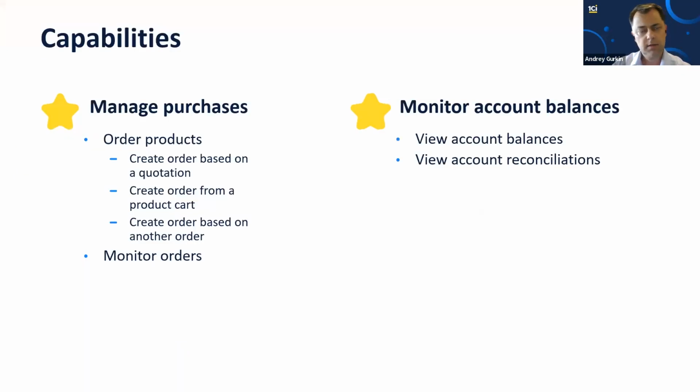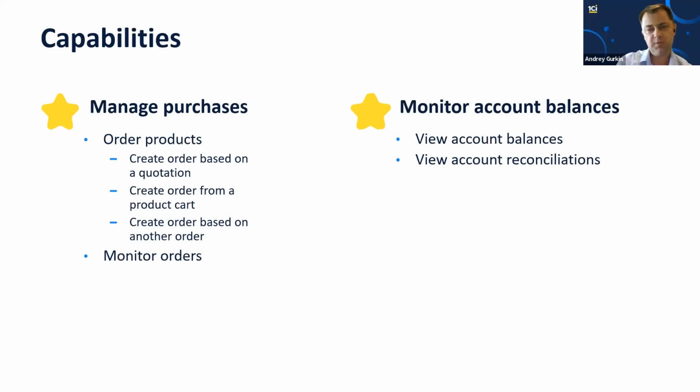And let's go back to the capabilities. External users can work with purchases, because when we're talking about OneSea Drive, we're talking about our customers, our partners and their customers, but those customers have their own customers.